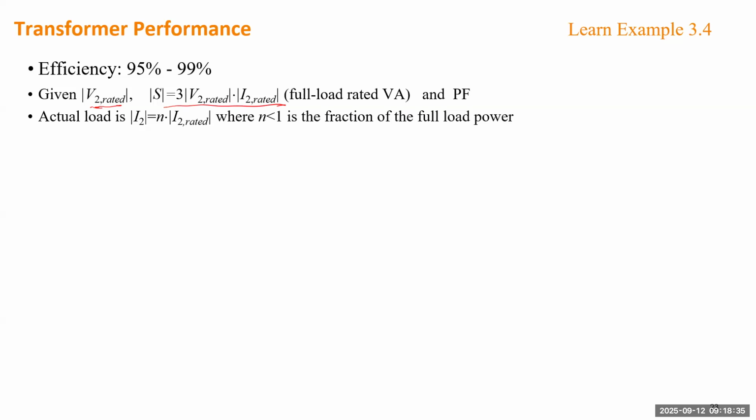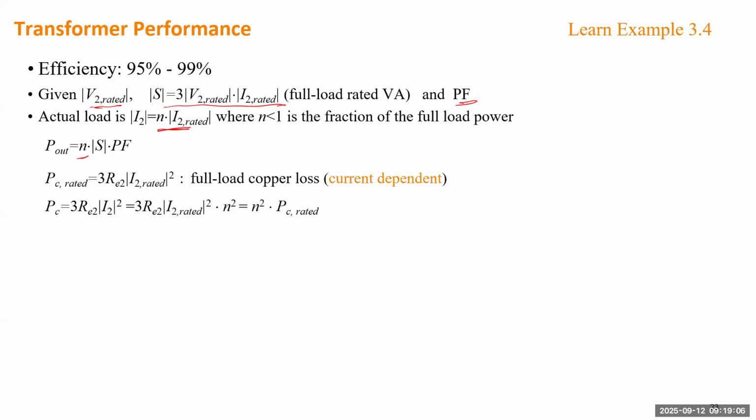And also, if we know the power factor, the actual load is the rated current multiplied by a fraction. So we use n, and n is less than 1. If you are operating the transformer at 50% of load, n will be equal to 50%. So actual power will be apparent power multiplied by power factor, then multiplied by this fraction. So that will be the actual power.